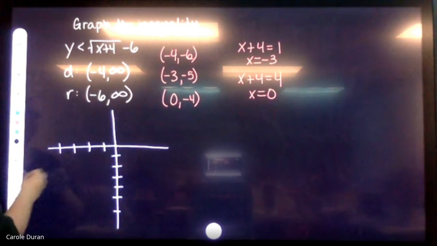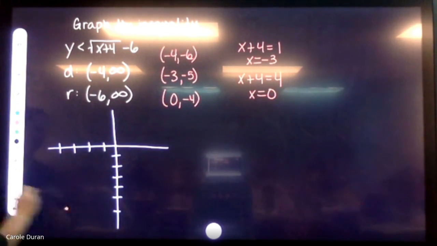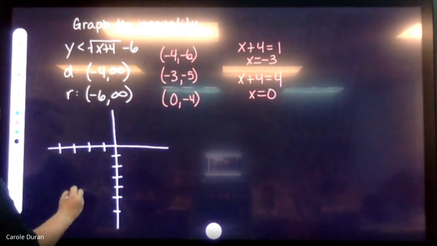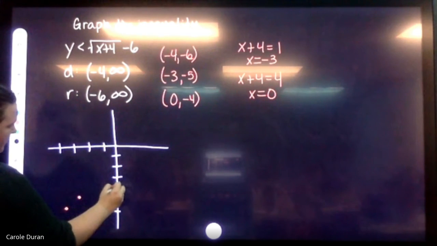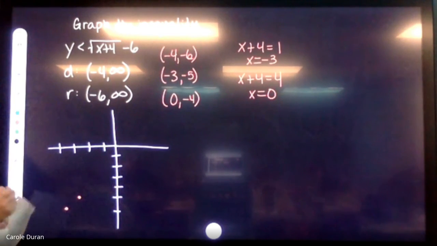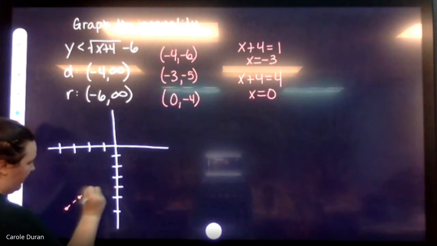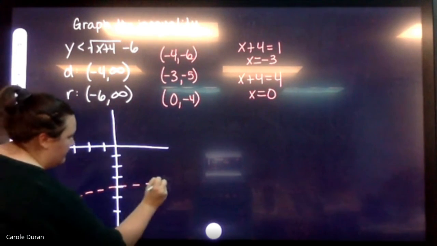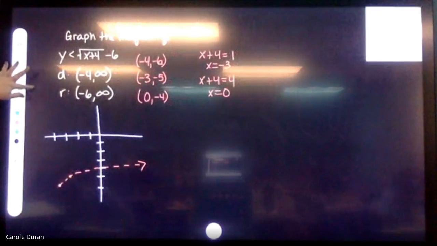I plot my points. So I have -4, -6. I have -3, -5. And I have 0, -4. I draw my dotted line as best as I possibly can. She isn't pretty, but she works.